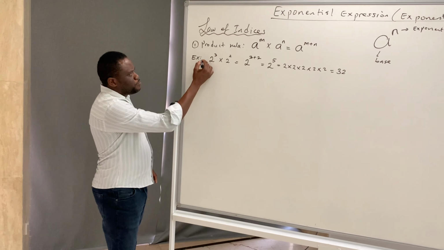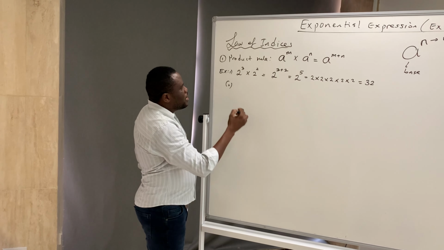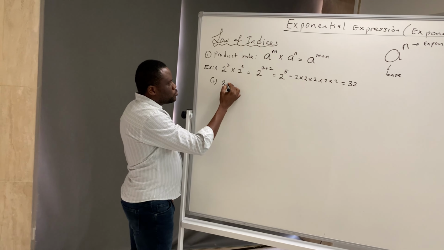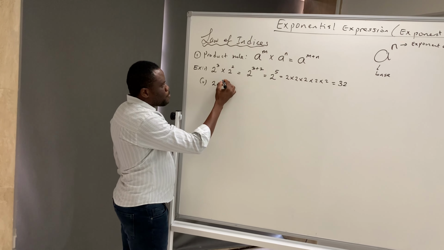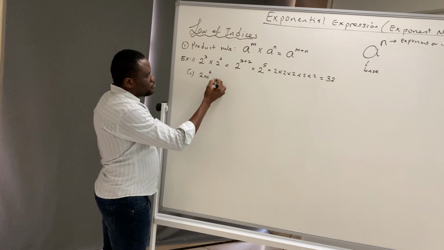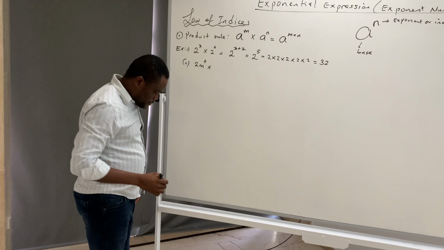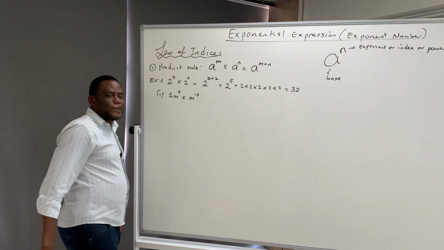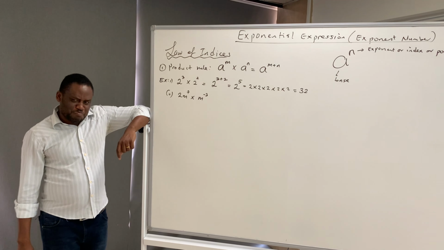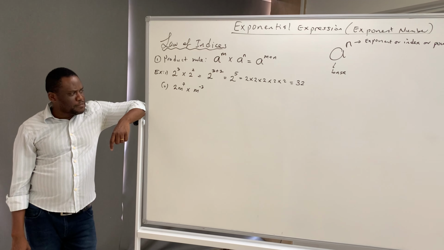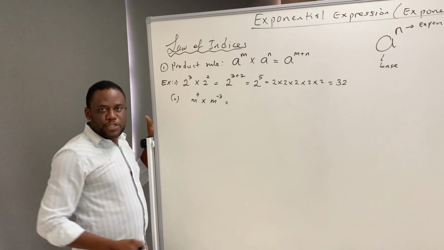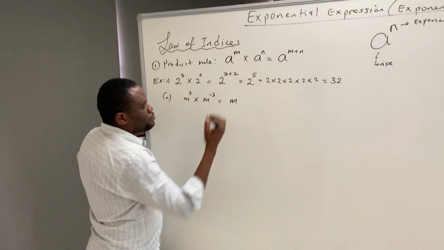Let's do one more. Let's say now we have m to the power of 7 times m to the power of minus 3. Be careful. m is common, pick one m.